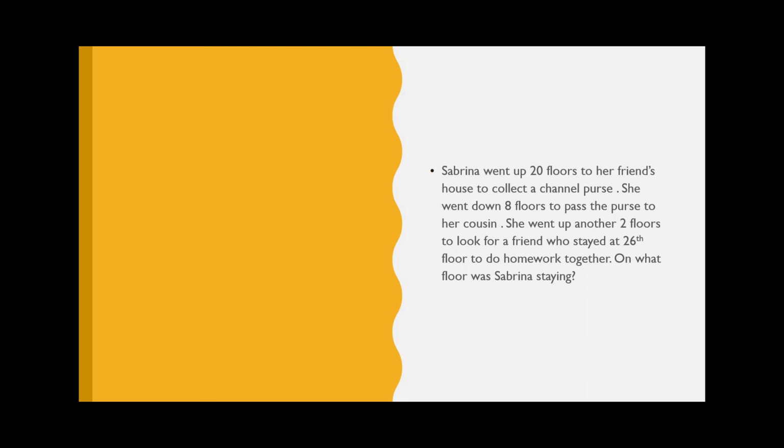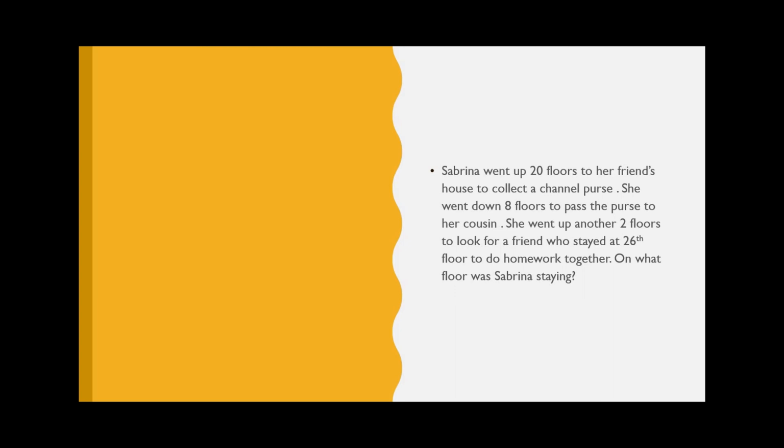Let's read the question again to fully understand it. Sabrina went up 20 floors to her friend's house to collect a Chanel purse. So we know Sabrina started from her apartment and went up 20 floors to her friend's.